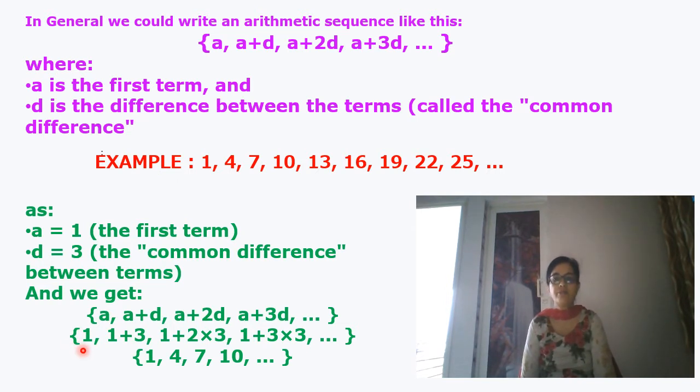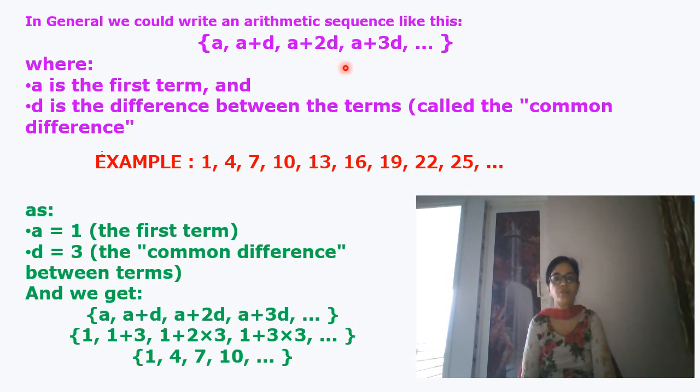Now let us take the first term 1. On adding the CD 3 to the first term, we get the second term, that is 1 plus 3, and that is 4. Further, on adding this 3 to the next term, like we are adding 3 to 4, we will get 7. This can also be written in the other way, such as 1 plus 2D.